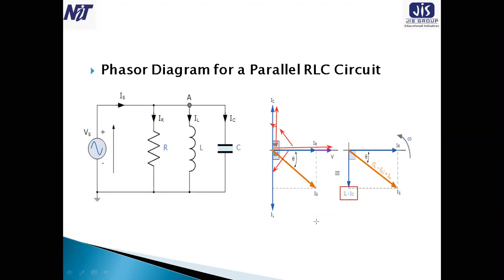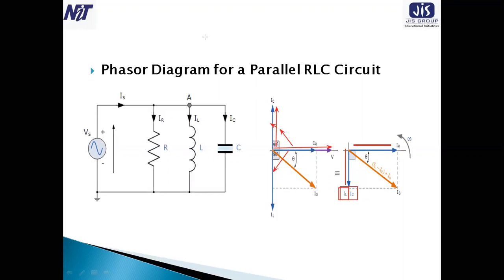If it were a capacitive circuit, the value would be IC minus IL. So this phasor along the negative y-axis represents IL minus IC. As it is an inductive circuit, we write IL minus IC because the value of IL is greater than IC. And along the x-axis this is IR.